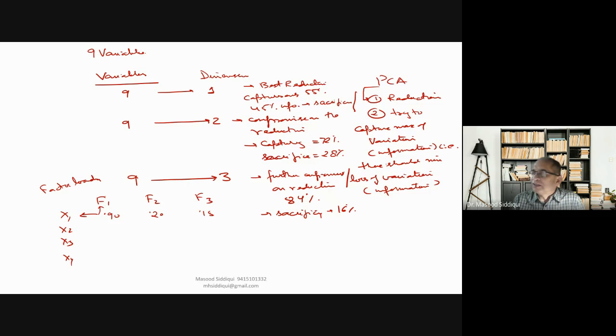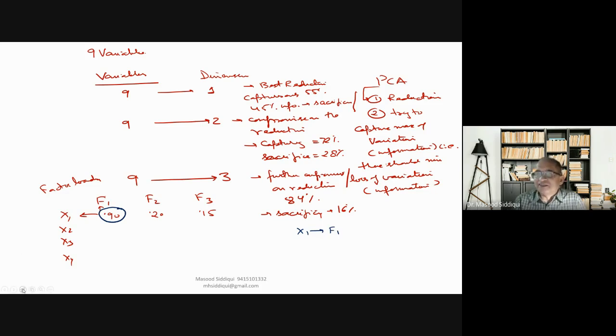So it shows the correlation coefficient of 0.15 between X1 and F3. So these are known as factor loadings. Now, if this is the situation, then you can simply say that X1 has a very high correlation coefficient with F1, and the other correlation coefficients are relatively much lower. So we will be placing X1 in the factor F1.